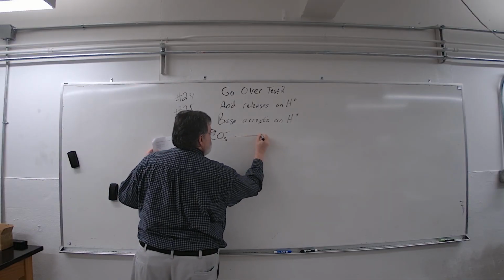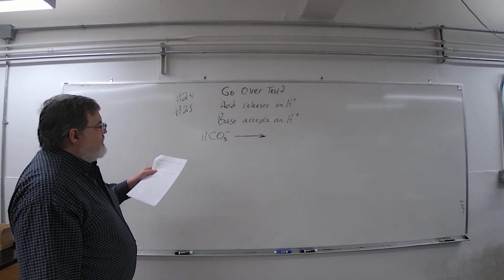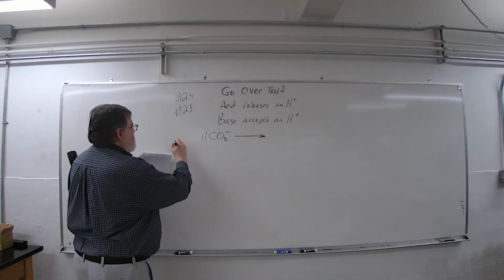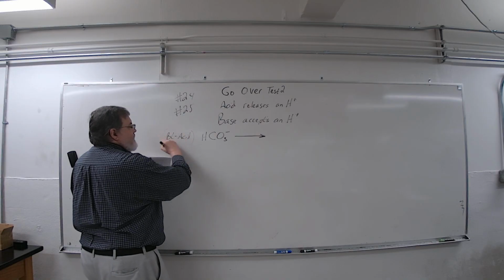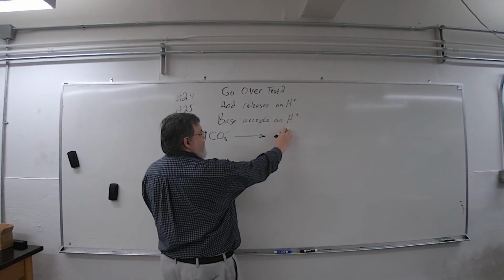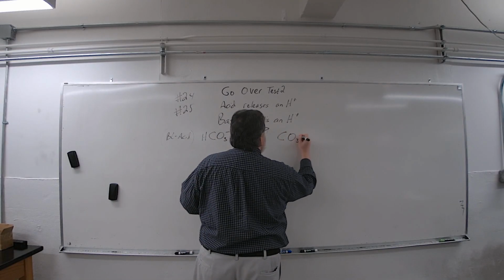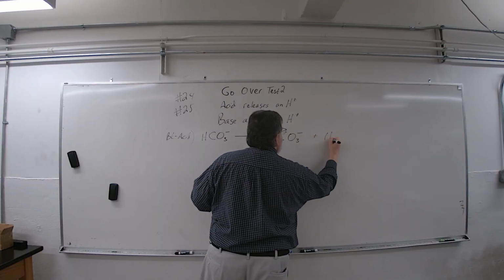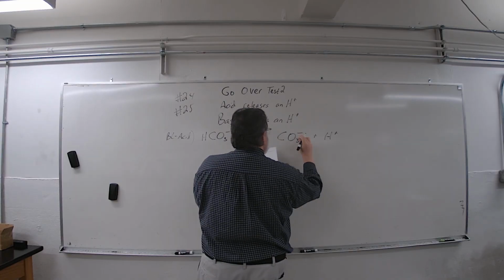So the arrow represents the process that's occurring. And the process that needs to occur is for this to be an acid, for it to be a Brønsted acid, this process needs to show this giving up an H+. So that should be 2.